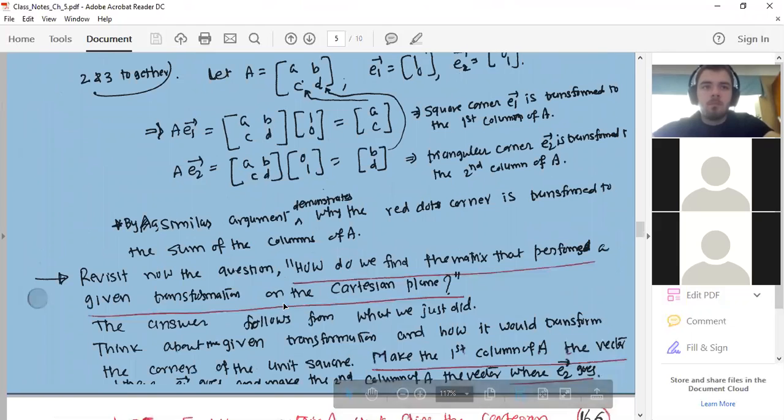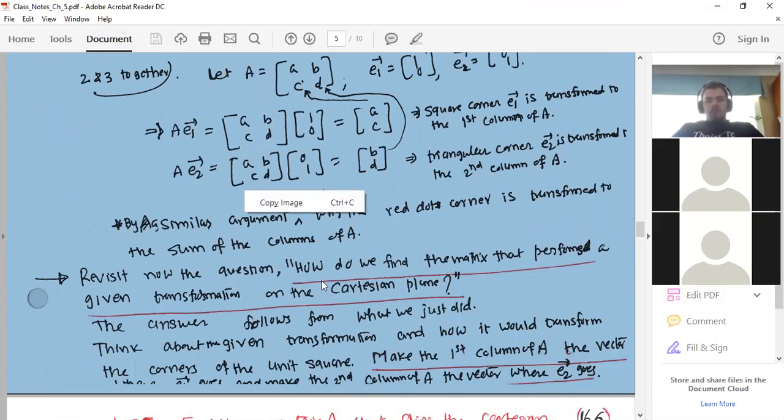By a similar argument, one can demonstrate why the red dot corner is transformed to the sum of the columns of A. If you add the two columns, you get A plus B, C plus D, like this.